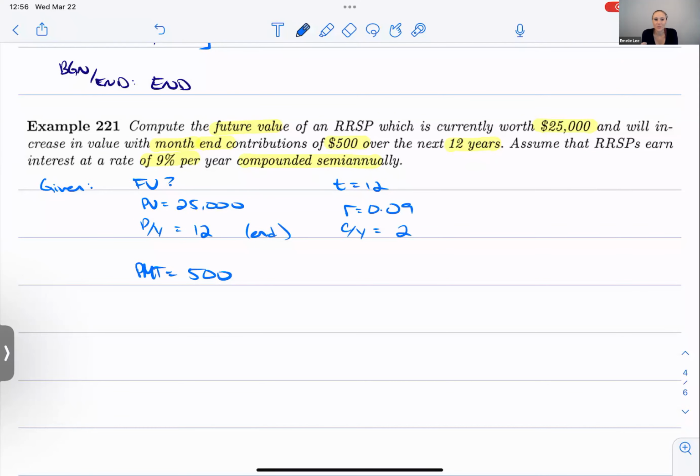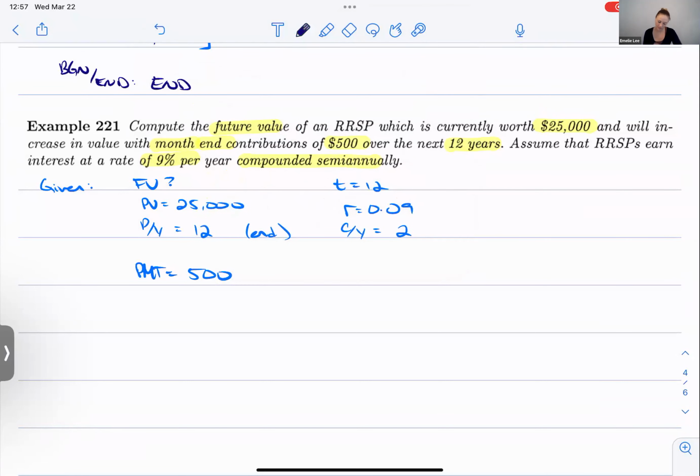So now I'm going to organize this as calculator inputs, remembering that the negatives and the positives make a difference. In order to have this 25,000 already in there, because I'm not taking it out, right? I'm not getting it, then it has to be negative. That's kind of a tricky part, but that's how it works.